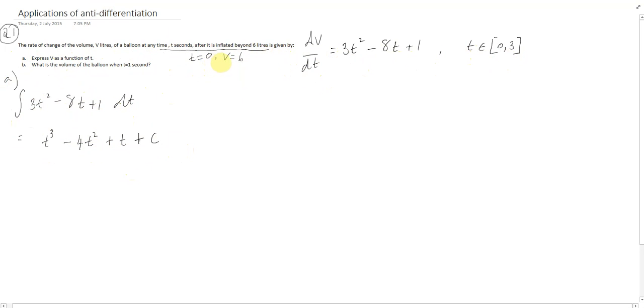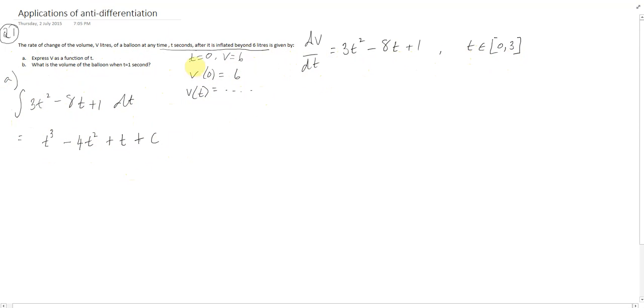So when t is 0, V is 6. In other words, V of 0 equals 6. Because of course our final answer is going to be the volume in terms of time equals something or other.